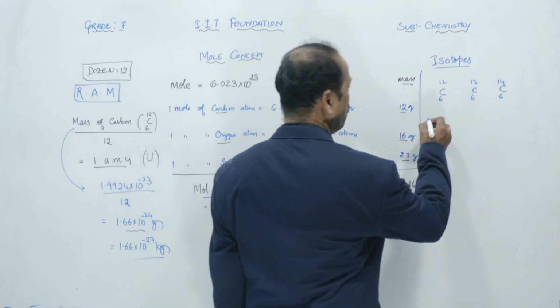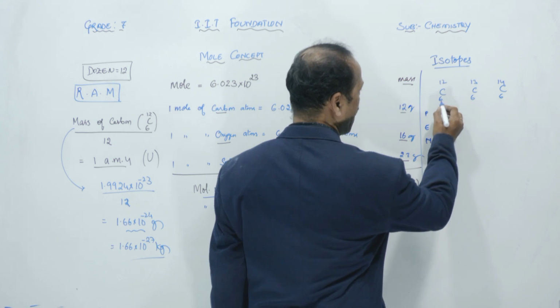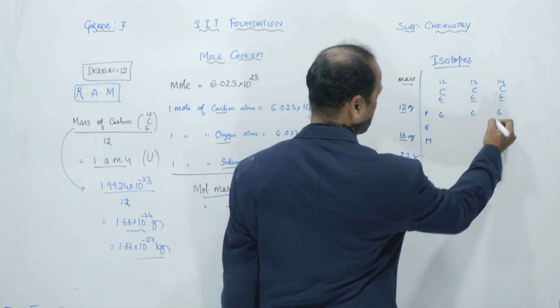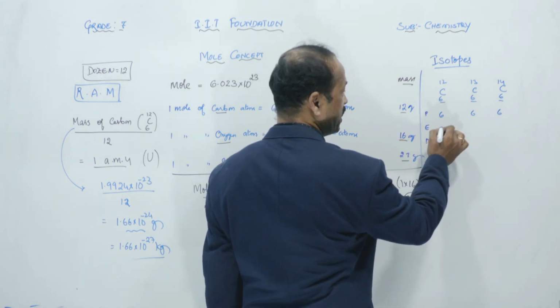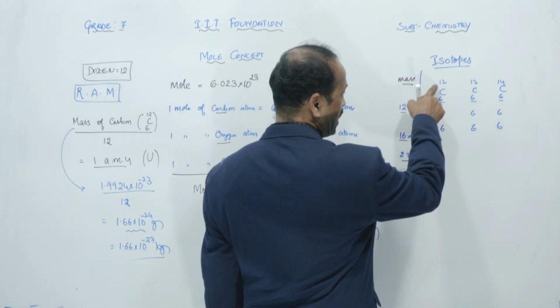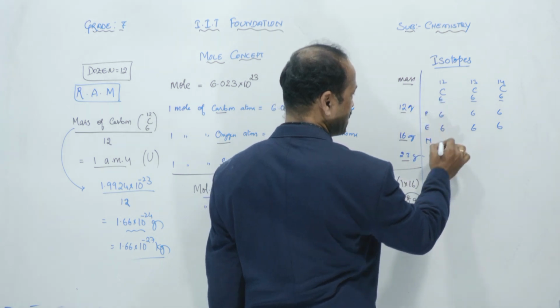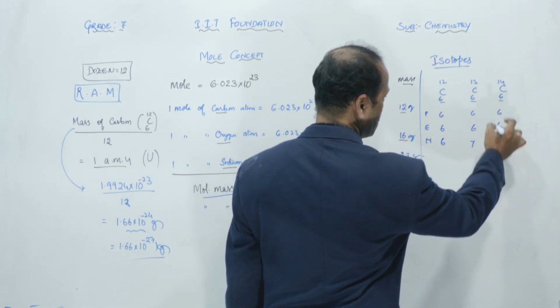And if you want to know how many protons, how many electrons, how many neutrons are there, very simple. Atomic number represents the number of protons. So 6, 6, 6. And electrons means what? How many protons are there, same number of electrons will be there. Again 6. And now neutrons, mass number minus atomic number is the number of neutrons. 12 minus 6, 6. 13 minus 6, 7. 14 minus 6, 8.